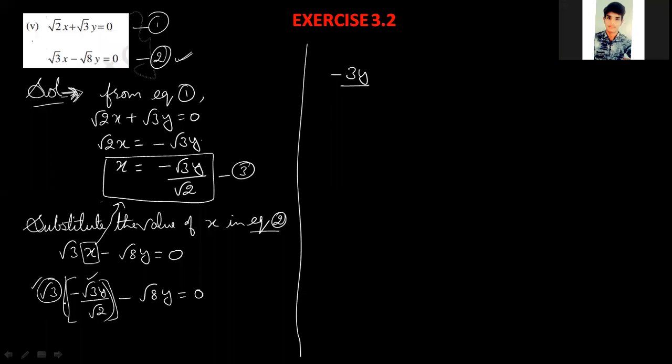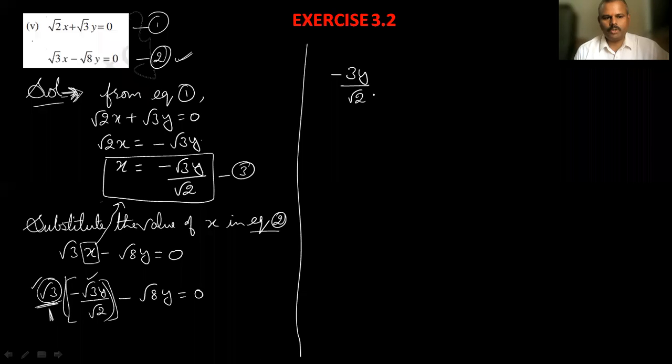Will you multiply under root 3 and under root 2 or not? No, sir, it will not be multiplied, because when you are multiplying, you are going to multiply only in fractions. So minus 3y upon under root 2 minus under root 8y equals 0.